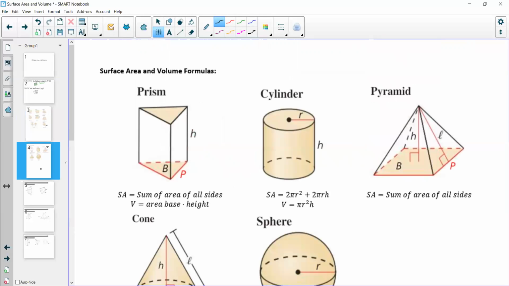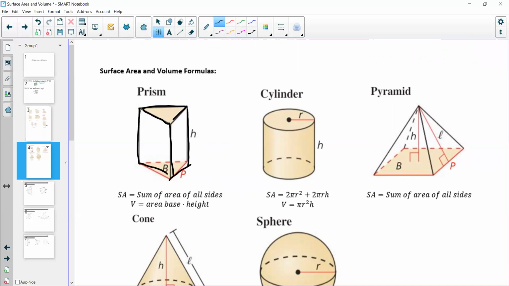Coming into surface area and volume, we are going to talk about 5 specific things: prisms, cylinders, pyramids, cones, and spheres. What makes something a prism is that we have a shape that is held throughout the remainder of it.